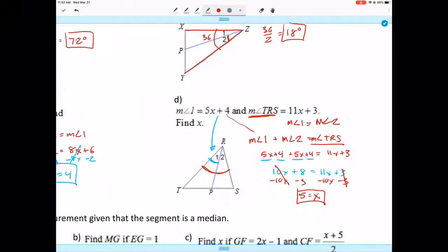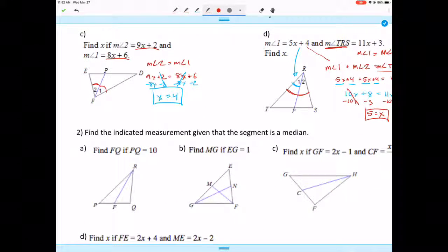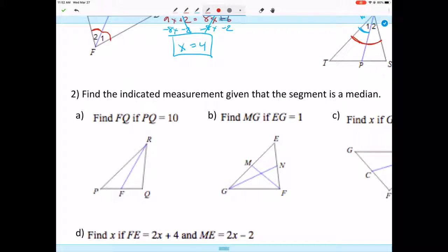Okay? All right. Then let's learn about medians. Okay, so we said median is a segment that cuts a side in half. So if this is a median, it says find the indicated measure given that the segment is a median. Okay, so this is a median, which means that PF and FQ are congruent.